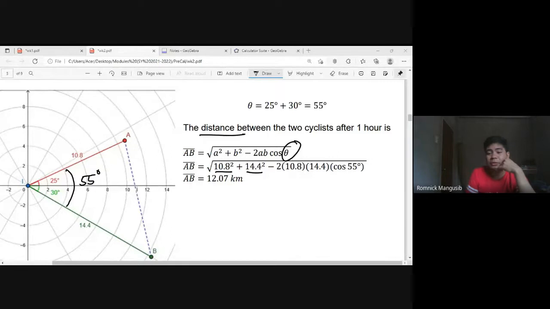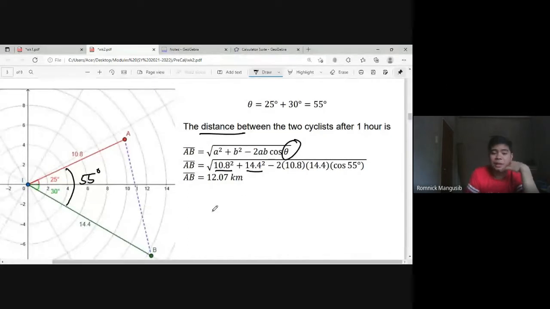So, kunin mo lang ang pagkatapos ng isang oras, ganoon na sila kalayo. Therefore, you have to substitute these two values, 10.8 and 14.4, and the angle that is 55 degrees to the formula, and you now have 12.07 kilometers. So, ang layo nilang dalawa ay 12.07 kilometers already.